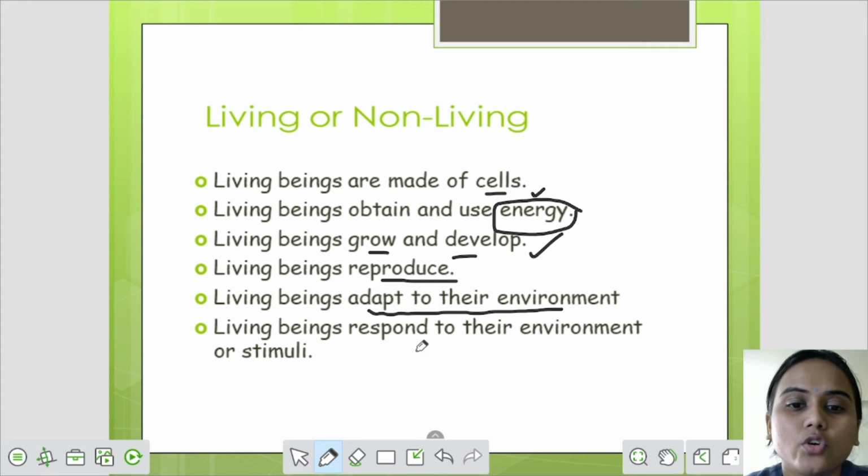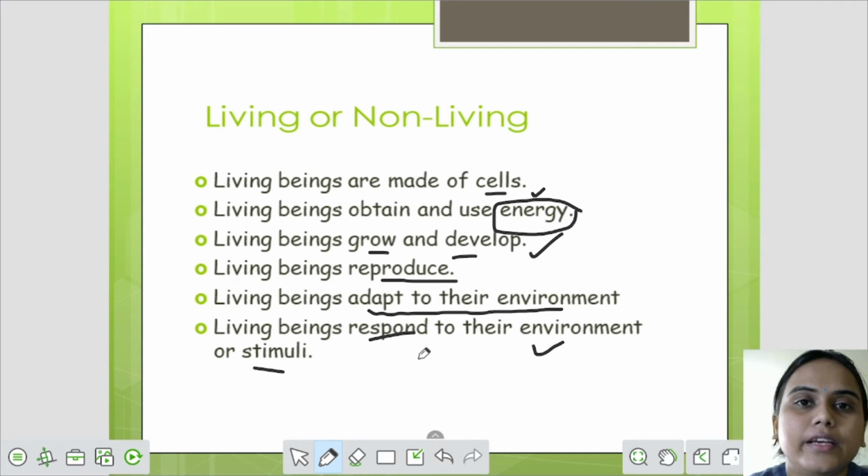Correct. So here, how do living organisms respond to stimuli? Students, what is response and what is stimuli? Let me give you an example. If there is a lion in front of you, let's suppose you are trekking in a forest and there is a lion. What response do you give after looking at it?